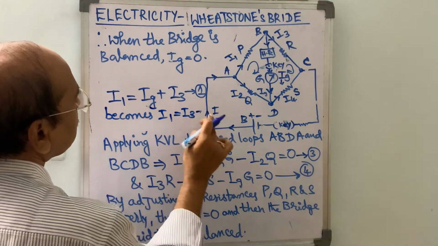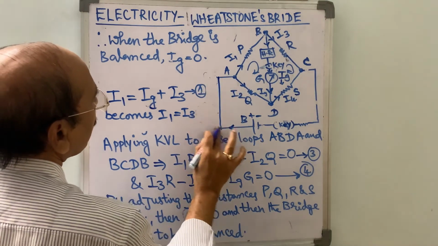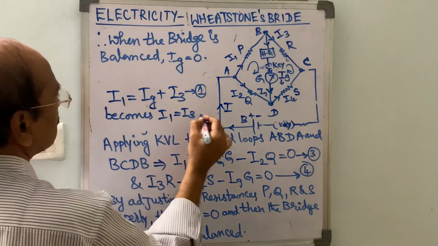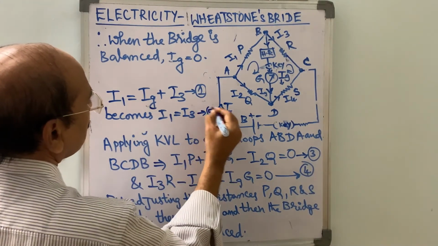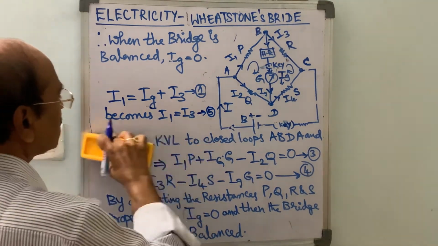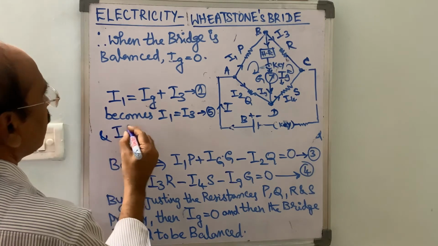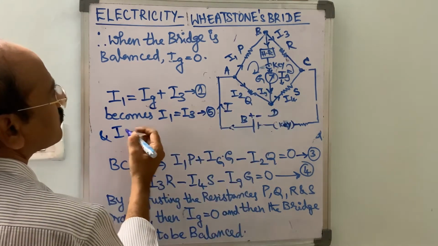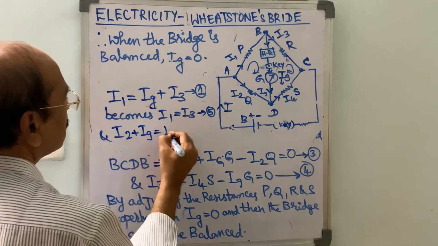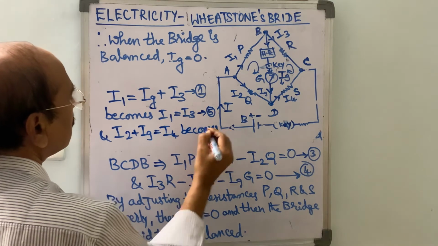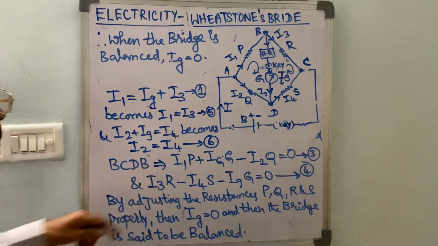Let this be the fifth one. The second one, I2 plus Ig equal to I4, becomes I2 is equal to I4. Let this be 6.